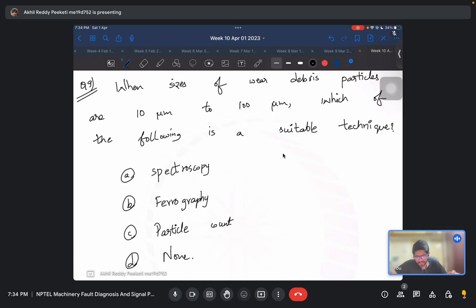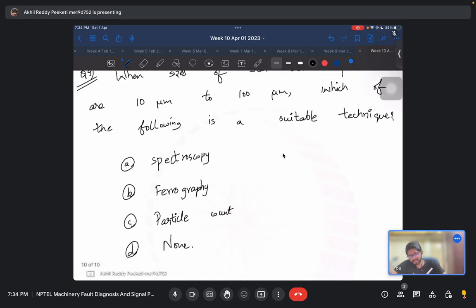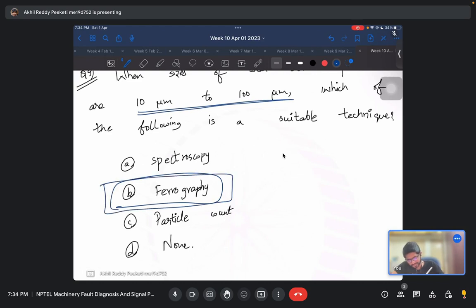So when the size of particles is between 10 microns and 100 microns, which is the suitable technique? If it is between 10 to 100 microns, then ferrography is the most suitable technique. Okay.